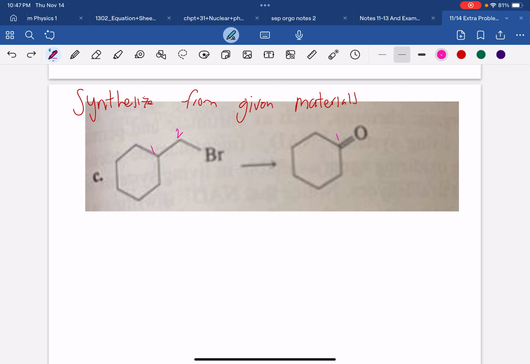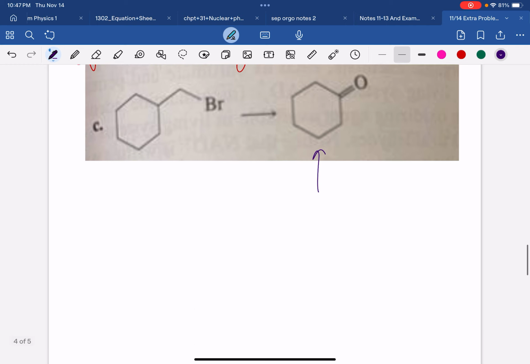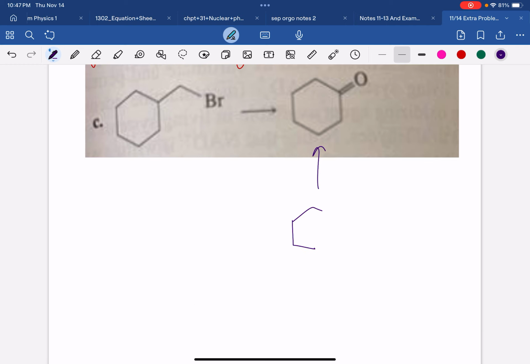So now you need to think to yourself, what are the reagents I know that make ketones, and also involve the loss of carbons? If you don't know that one, then this might be a little tricky because there's no way around that. So you need to recognize that to make a ketone, I can do a few things. If I had an alcohol here like this, I could do PCC.